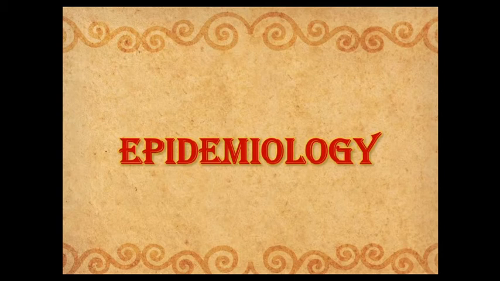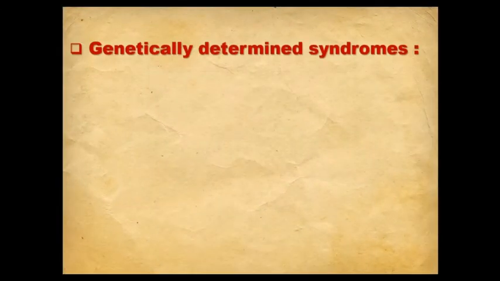Now we have to know the epidemiology of the malabsorption. Here we can put another classification for the malabsorption according to the epidemiology. We will talk about the genetically determined syndromes and the other group of malabsorption, which is the acquired type.